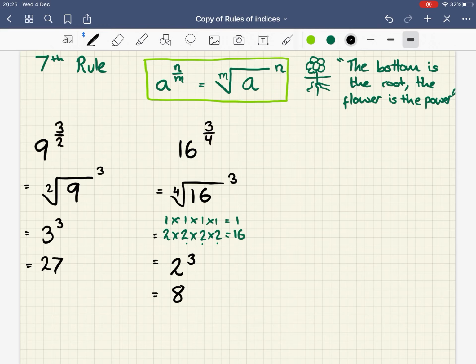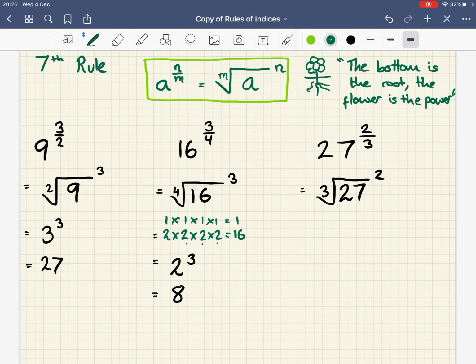And now let's do 27 to the power of 2 over 3. So again, my root sign, gonna have 27 underneath. The bottom is the root and the flower is the power.